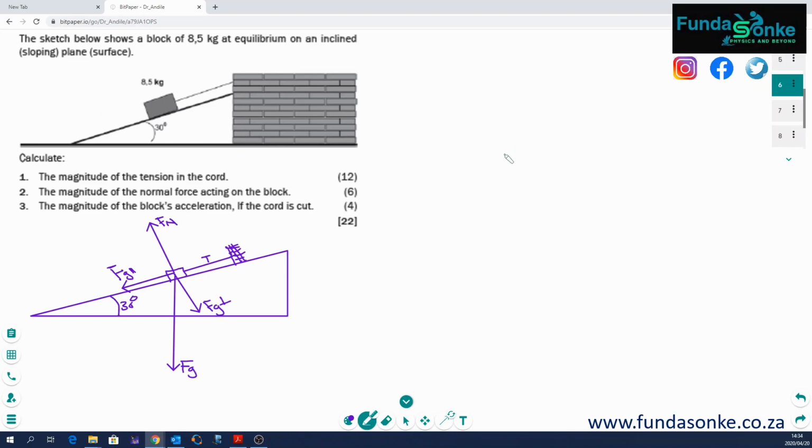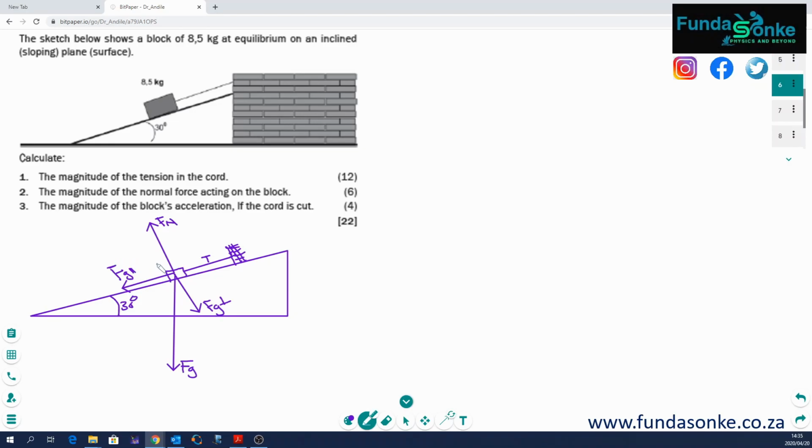Okay, so if we were to look at this question here, we're told that this mass is in equilibrium. So therefore what it means is the tension holding the mass should be equal to the force acting parallel due to gravity.